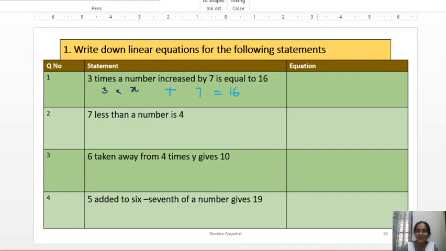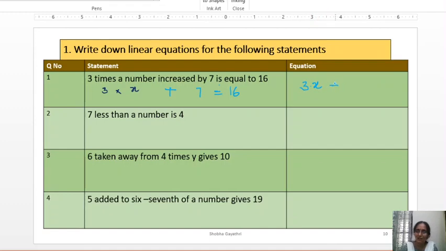You got the equation as 3, right? We will not write the multiplication sign in algebra, in simple equations. Either you can write a dot, or if you don't write anything, it is understood that 3x is 3 into x.